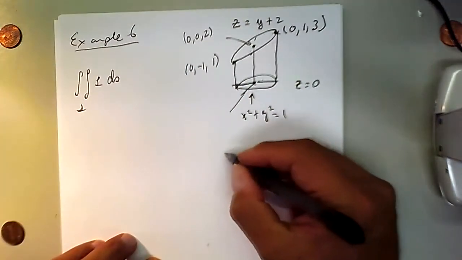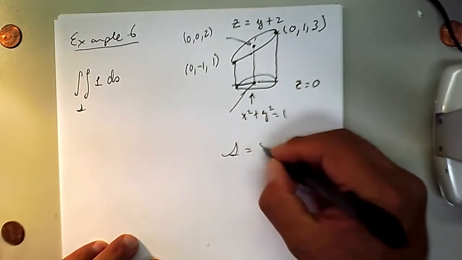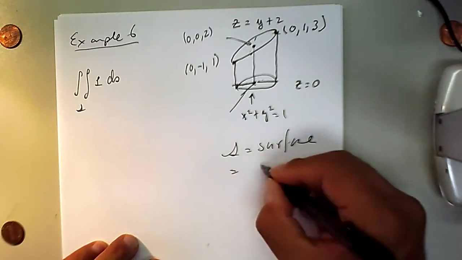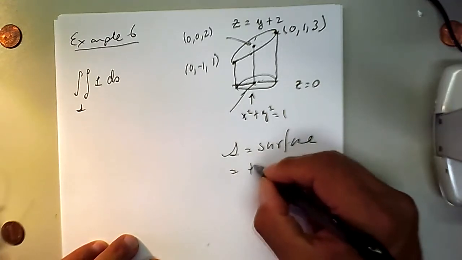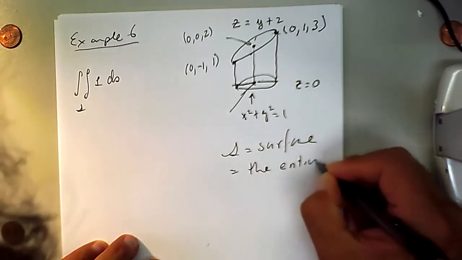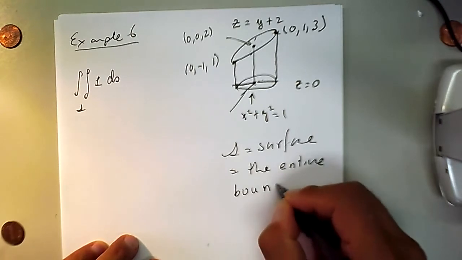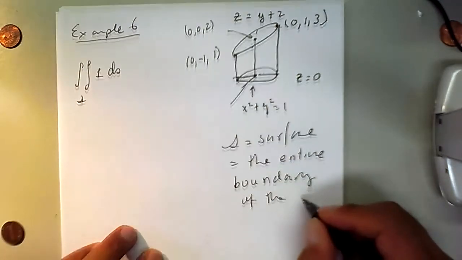So let me establish that S at the bottom, this S equals the surface, which is the entire boundary of the solid.